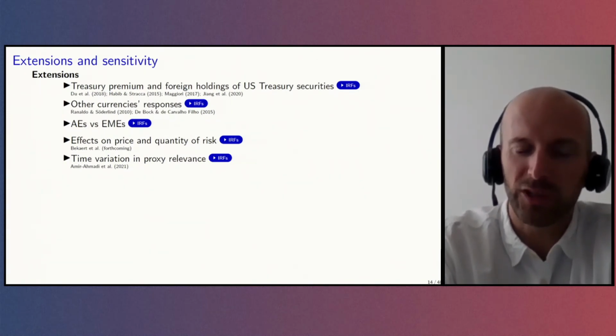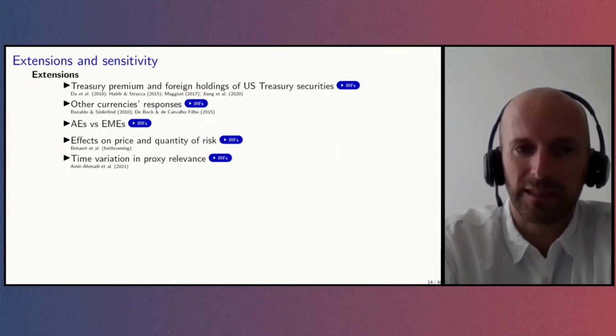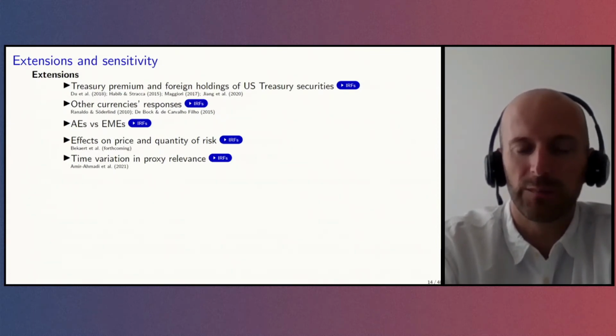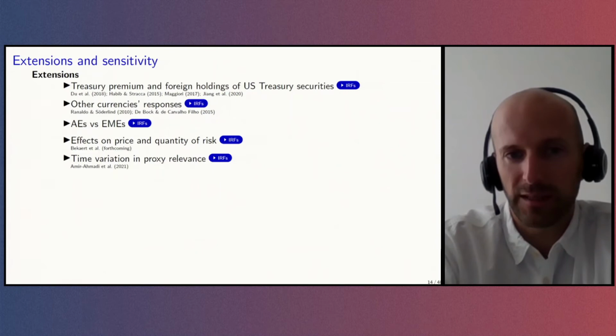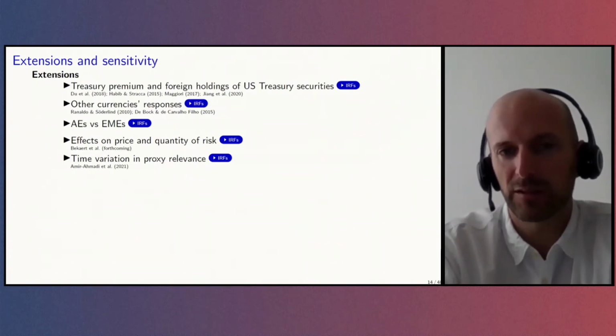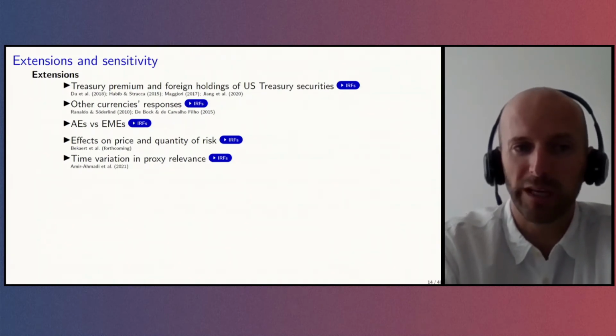What that literature argues and shows also empirically is that the convenience yield of US Treasuries rises relative to the convenience yield of other G10 sovereign bonds in times of elevated stress. That difference between the convenience yield of the US Treasury securities and other G10 sovereign bonds is called the US Treasury premium by Du et al.